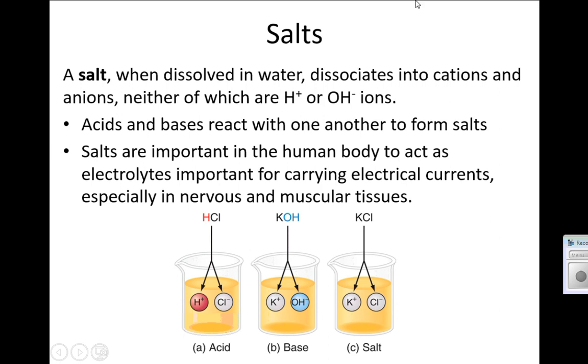As far as we are concerned, salts are important in the human body to act as electrolytes, important for carrying electric currents, especially in our nervous and muscular tissues. When we get into talking about neurons and action potentials, we're going to talk all about sodium and potassium, especially chloride a little bit. Without those ions, we would not be able to send signals, and therefore we couldn't do anything.